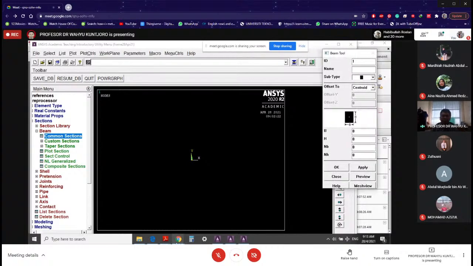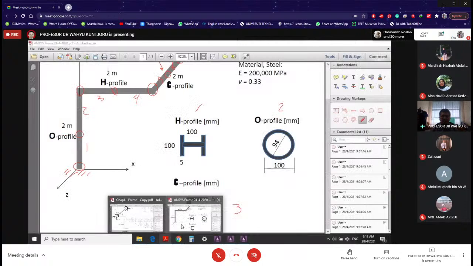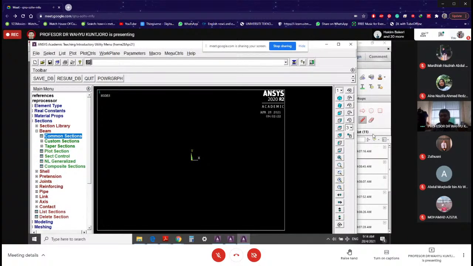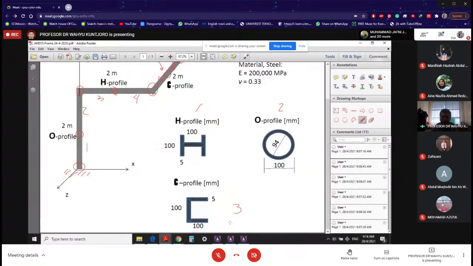So number 1, we will have H beam or I beam, it doesn't matter. And I know the dimension 100, 100, and the thickness is 5. That's what I'm going to do. I'm looking for that section just now.